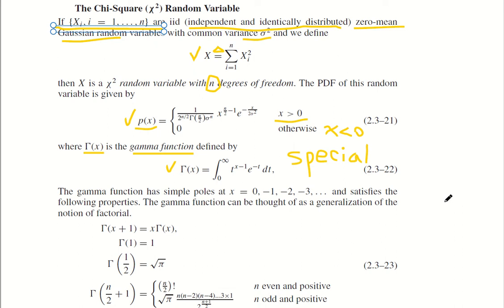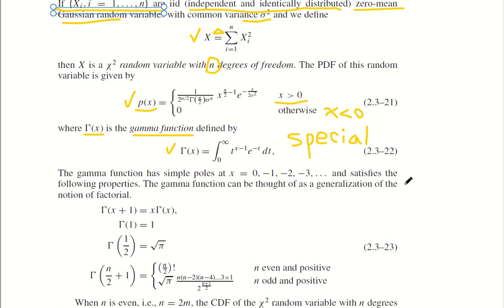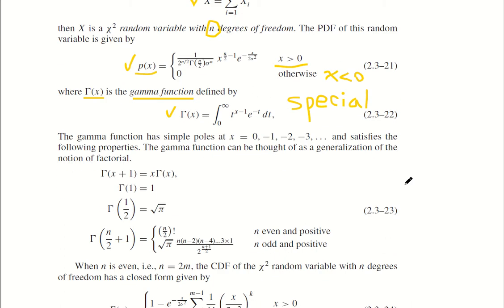If you do more complicated problems in engineering, you're going to encounter a lot of different special functions. There's in fact a book with hundreds of pages talking about special functions. But we only need to note some of them, those that are particularly useful in communications.